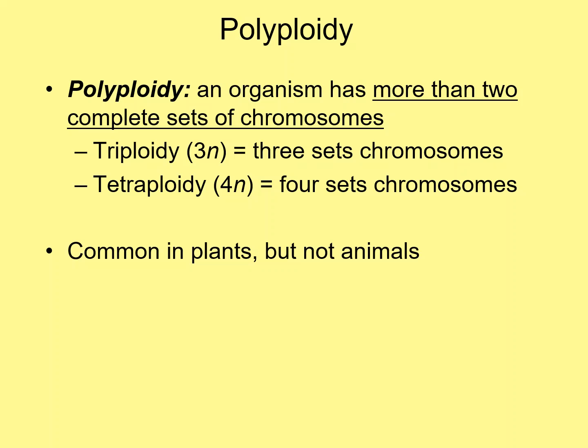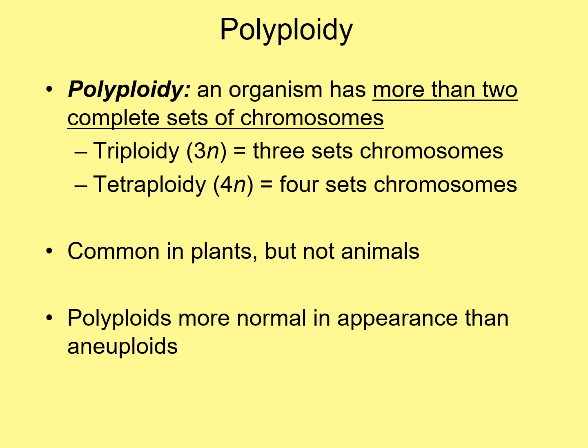You have a non-disjunction occurring, you have an extra set of chromosomes, and then you merge that with another gamete that also has an extra set of chromosomes, and you can end up with several extra sets. Again, that's generally fatal in animals and other eukaryotes. For some reason, plants tolerate having extra sets of chromosomes very, very well.